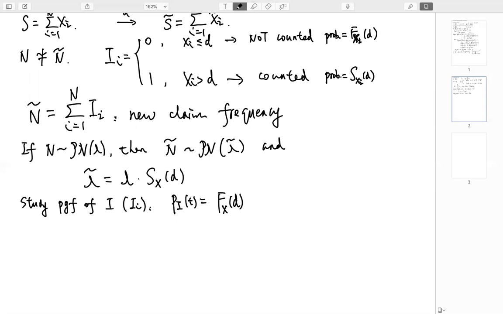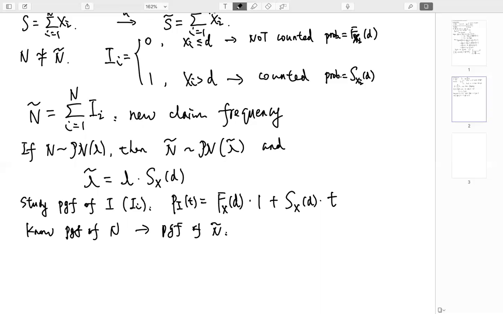So now I skip the index i, times t to the 0, so it's 1, plus the survival times t to the 1, so it's t. If we further know the PGF of N, we can calculate the PGF of Ñ, right? Then we can prove the previous result. But of course, if N is something different, you will not get a nice result as what we have for Poisson.